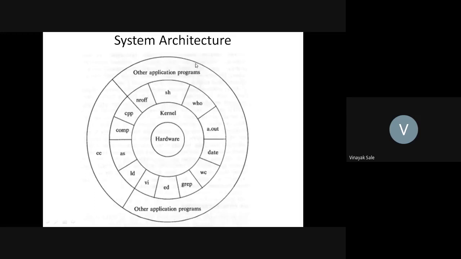At the center there is the hardware. Then there is the kernel. Then different commands: sh, who, nroff, a.out, date, wc, grep, then vi editor, ed editor, then cc commands, that is ld, as, cpp, and then other application programs. Other application programs may be as per user requirement.